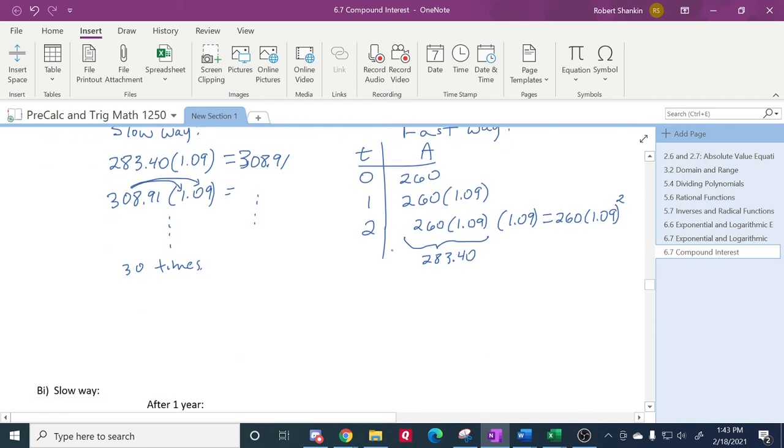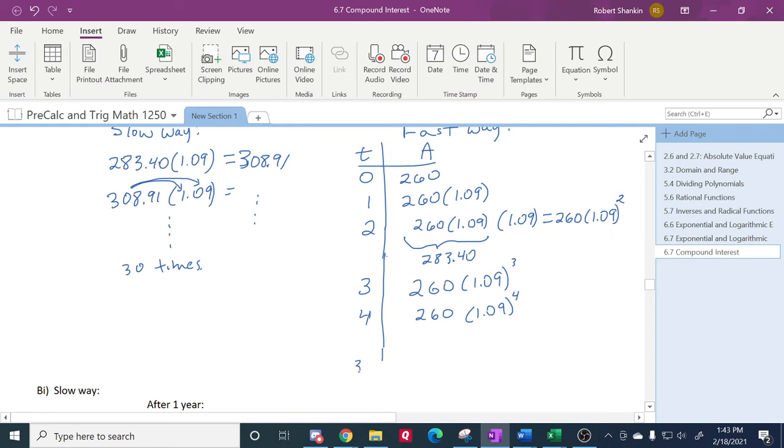And what we see is, after 3 years, we would take the answer from the previous one, multiply it by another 1.09, so we'd get 260 times 1.09 to the third. The next year, we'd take the previous year, but now the pattern is nice and clear and obvious.